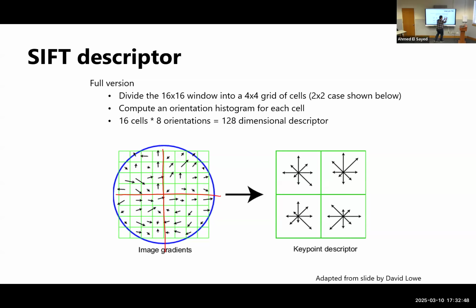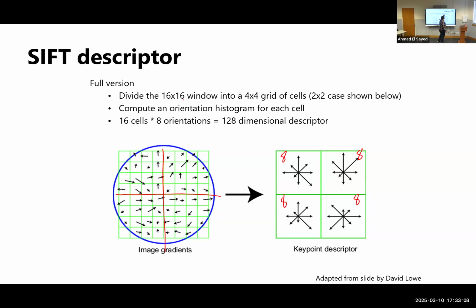Now, those 4 by 4 cells are represented with how many numbers? The 8 values that I have for the orientation. Each one is represented by 8.